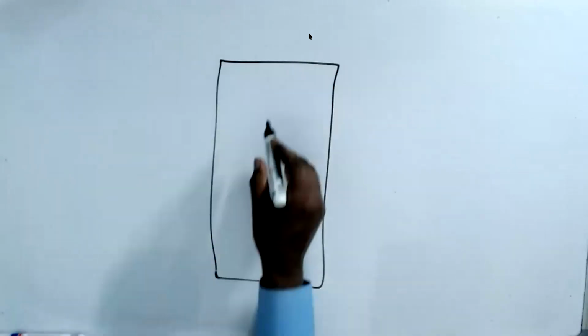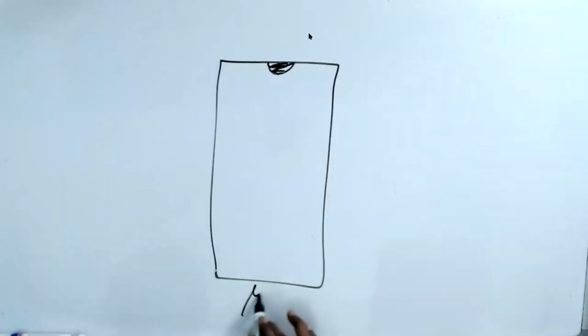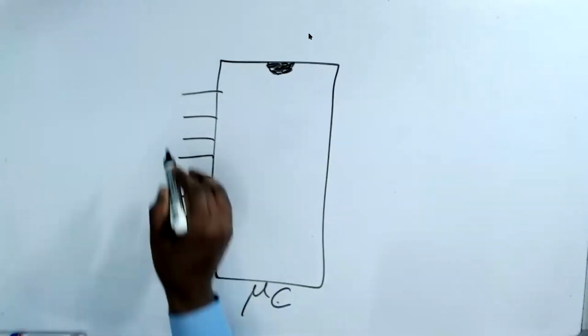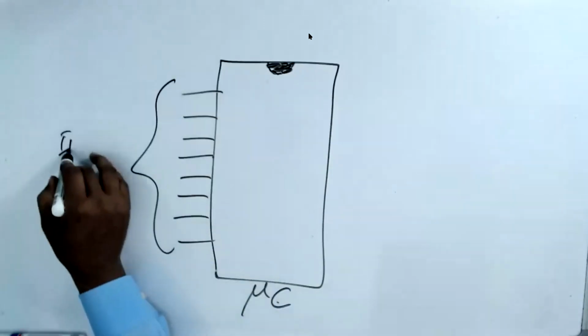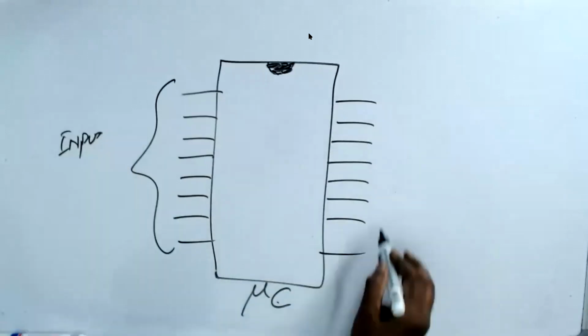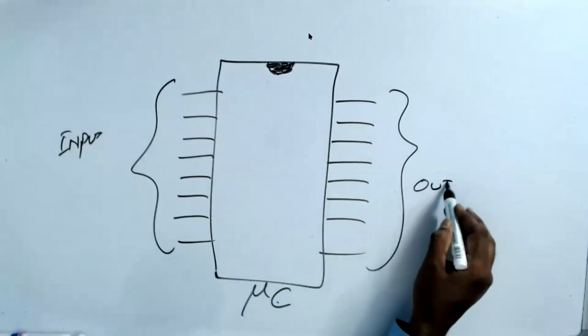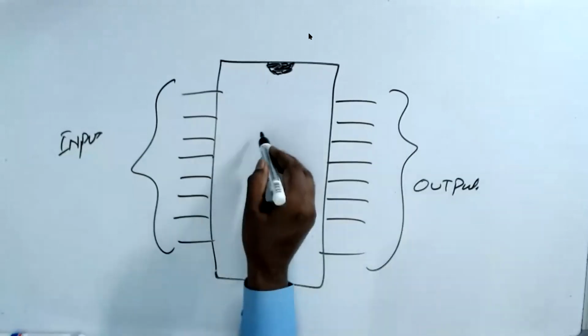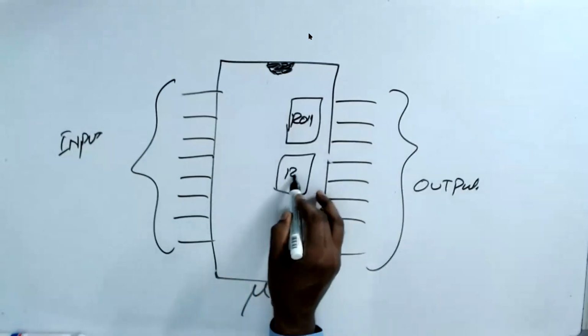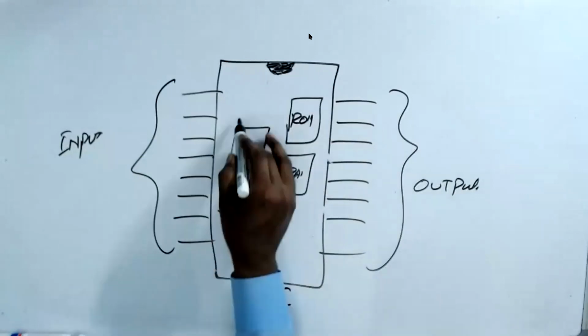You can buy a microcontroller. We call it a microcontroller; the P becomes C here. Then you have input pins, you have output pins, and you have a ROM here, a RAM here, and a microprocessor.